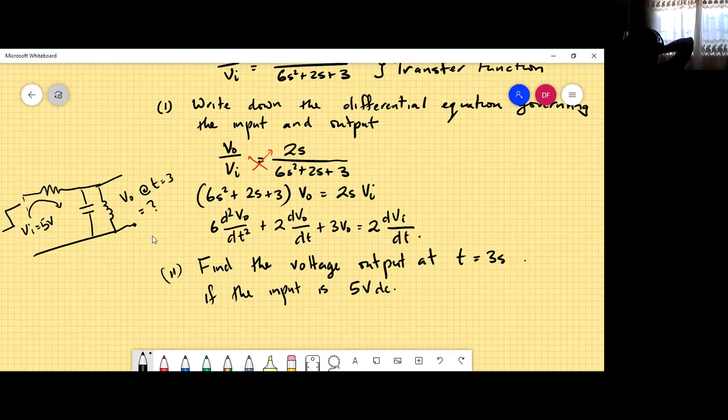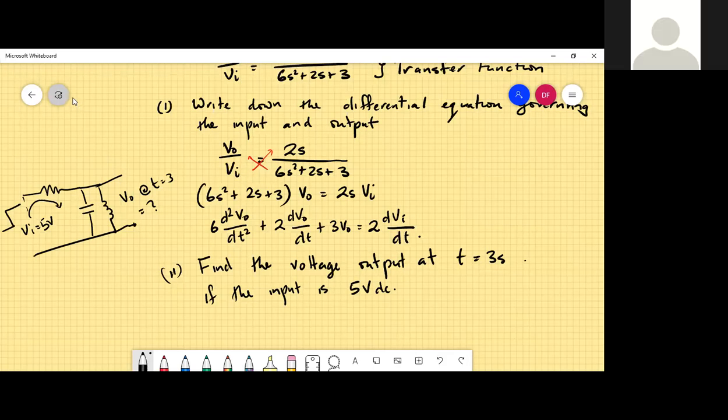So as I was saying, you put a 5 volt source and you want to find the voltage at t equal 3, not at any time t, but the specific time. So we want to know what is the voltage for this thing at t equal 3. Then we can start working out. Can start now, sir.